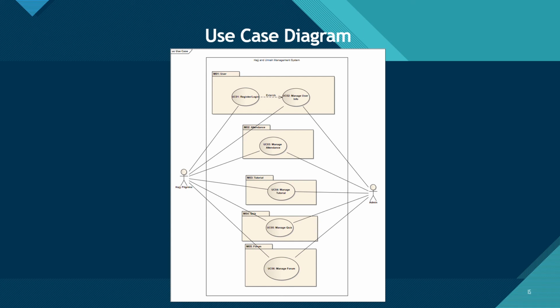Use case 3 is manage attendance, in module 2, which is attendance. The prospective pilgrim will scan the attendance using the QR code and save to the database. The admin will view the attendance record for all of the prospective pilgrims. Use case 4 is manage tutorial, in module 3, which is tutorial.